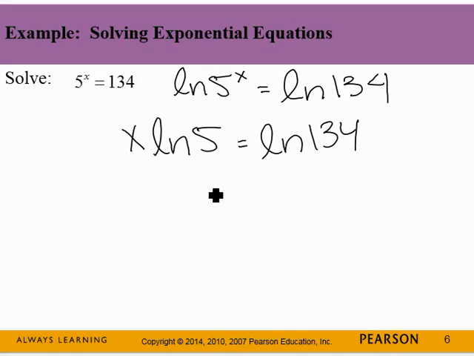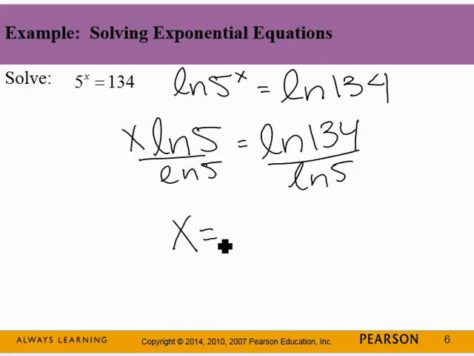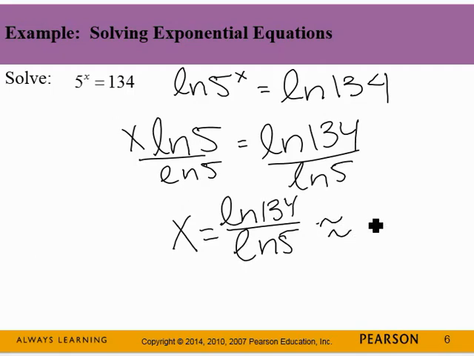Now if I'm just solving for the equation, that means I can divide both sides by my ln 5. So I have x equals ln 134 over ln 5. Once you plug that into a calculator, you'll get that this is about 3.04.